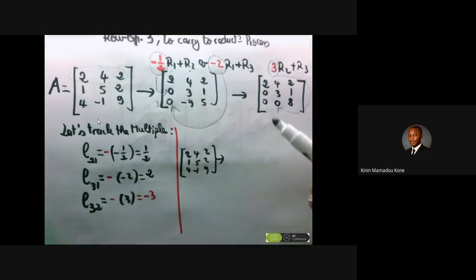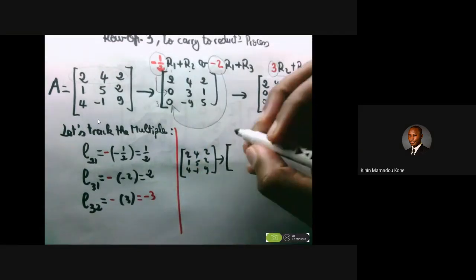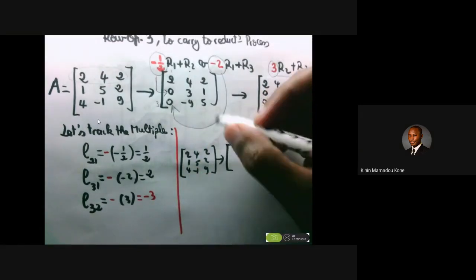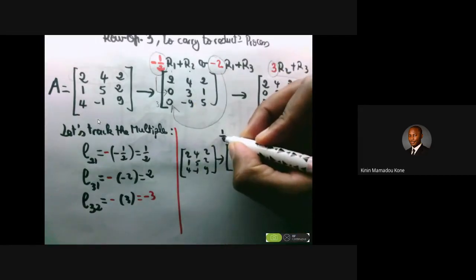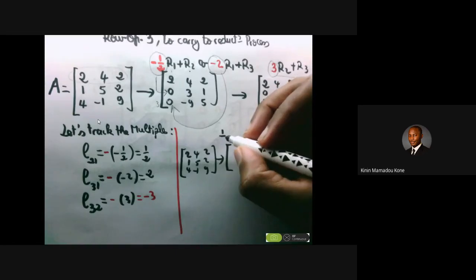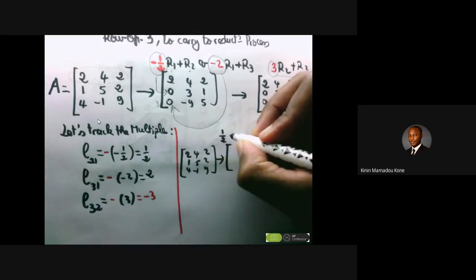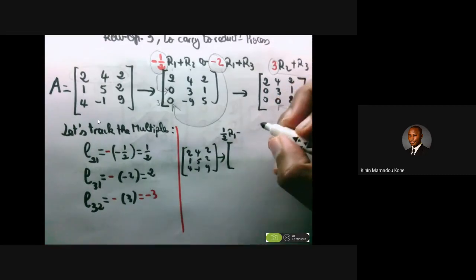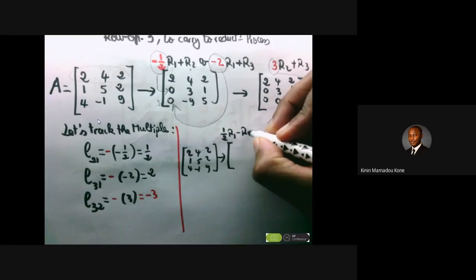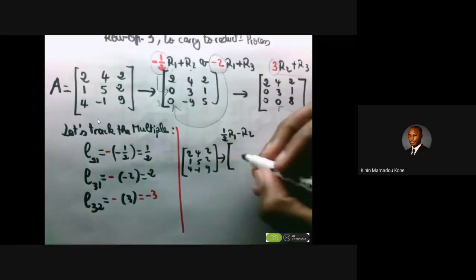But others will multiply one row and then subtract it from the other row. For example, they would have done something like one half row one minus row two to obtain the same result.